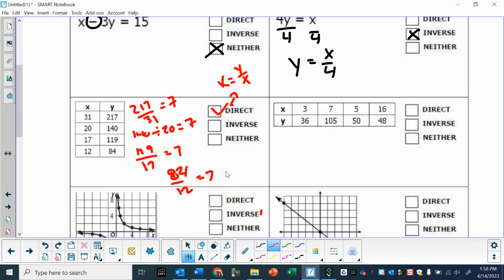So this is direct variation, because to find the constant, you do y divided by x.